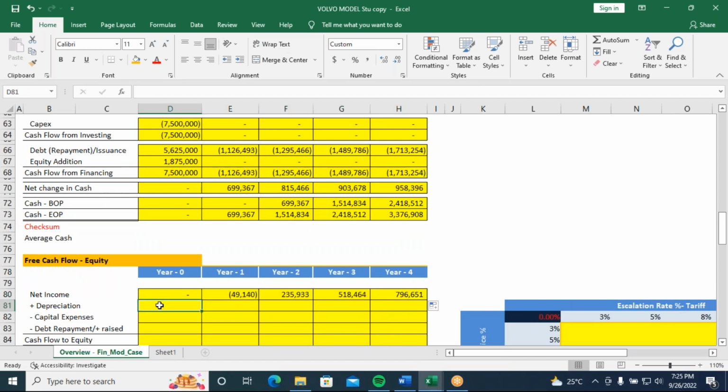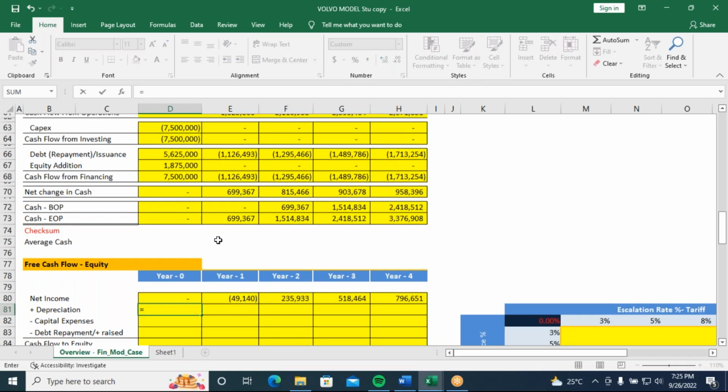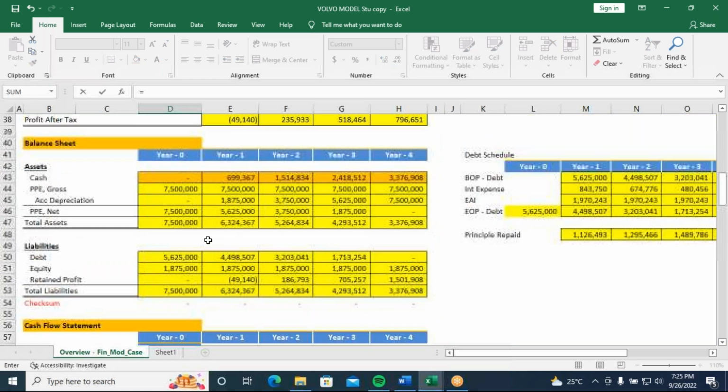Now the depreciation is equal to, take the depreciation value.